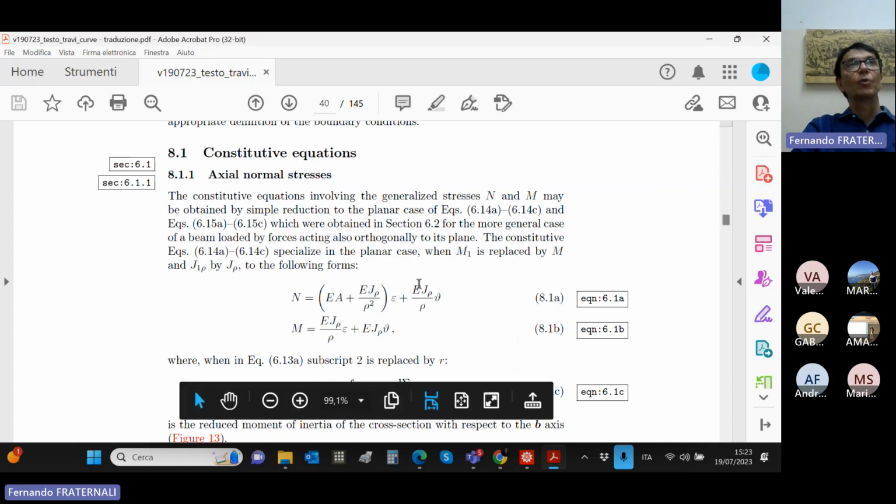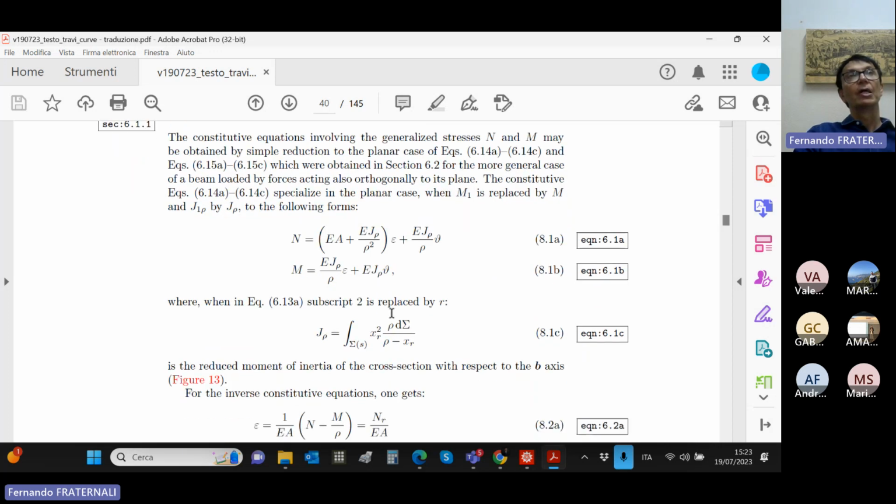Of all the reduced quantities that we have seen before, the only one that survives is this J_rho, which is the reduced moment of inertia: x_r squared multiplied by rho divided by rho minus x_r.